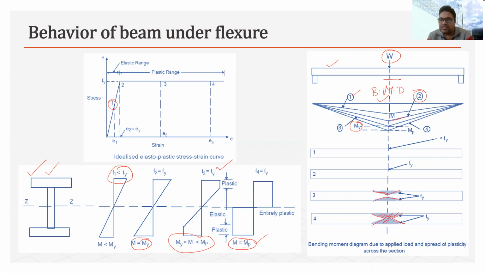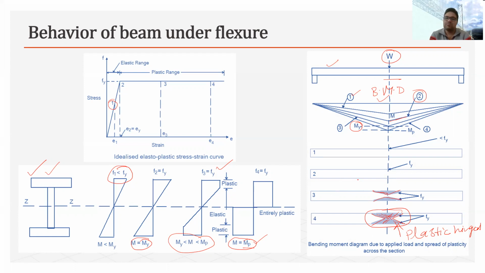So this is actually the condition of a plastic hinge. This plastic hinge will form when the whole section becomes plastic. So just when it becomes plastic, this plastic hinge will develop. So that is the behavior of a beam under bending or under flexure.